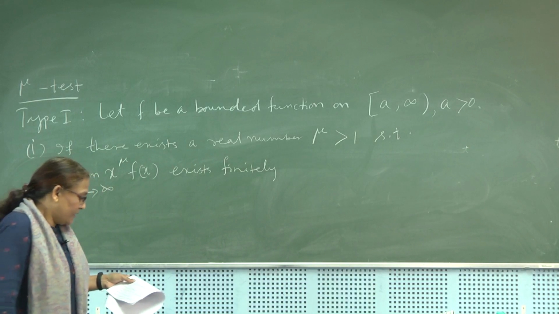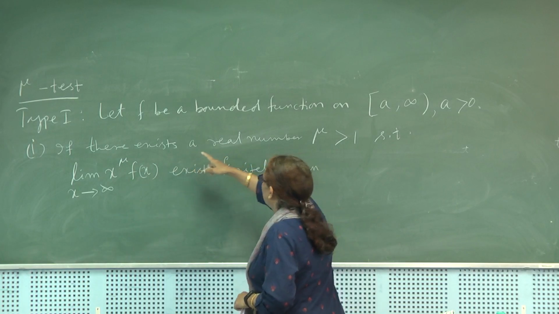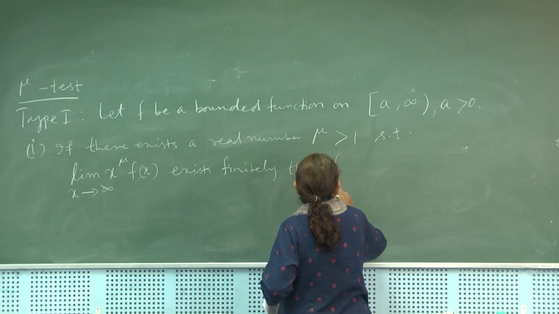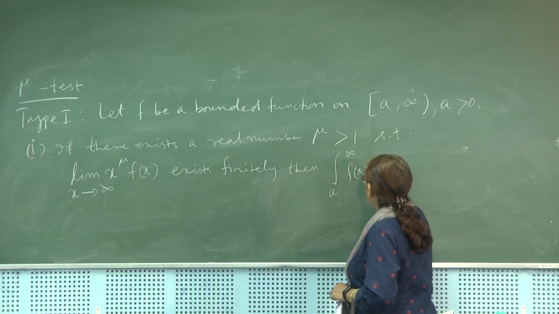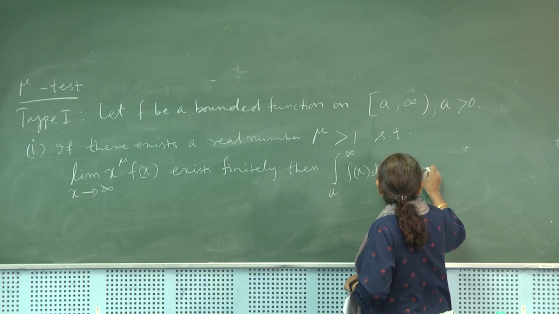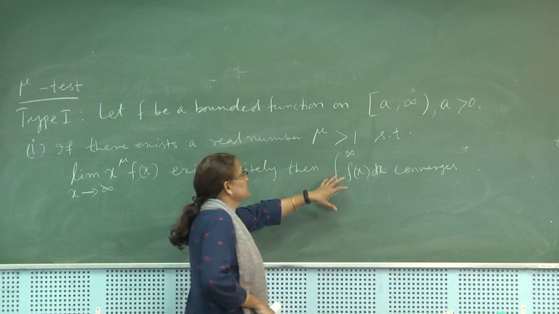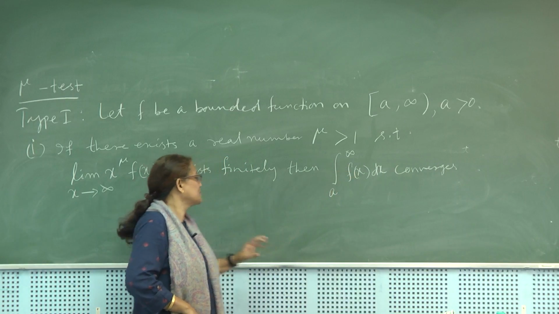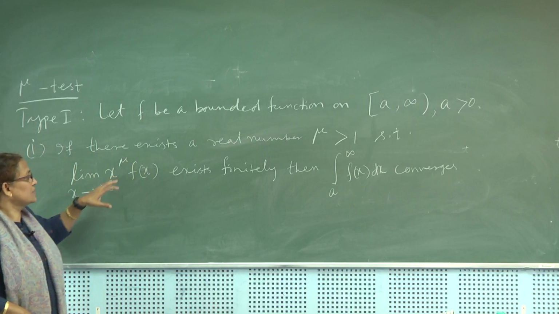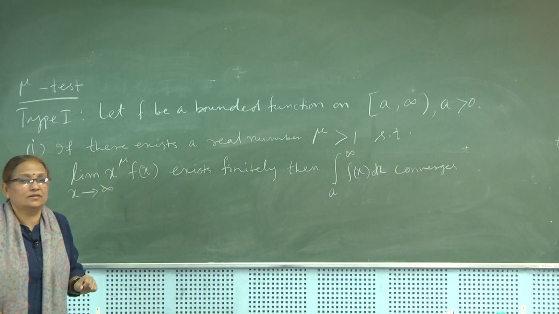Then we can get the convergence of the improper integral: integral a to infinity f x dx is convergent. So, for convergence of this improper integral, we just verify whether this limit exists and is a finite real number or not.